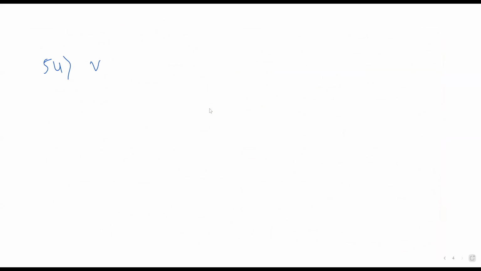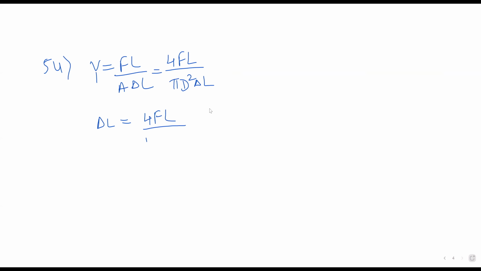So we know the Young's modulus formula, that is FL divided by A into delta L, or you can write this one 4 times of FL divided by pi d square into delta L also. So here the symbols, already you know the meaning. From this we can have the formula for delta L, that is 4FL divided by pi d square into Young's modulus.